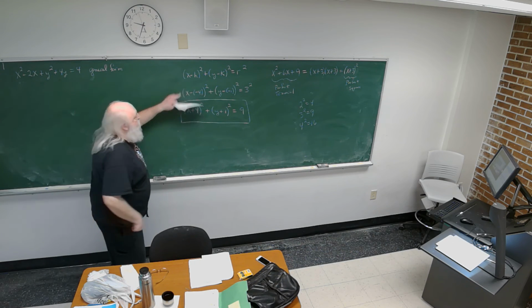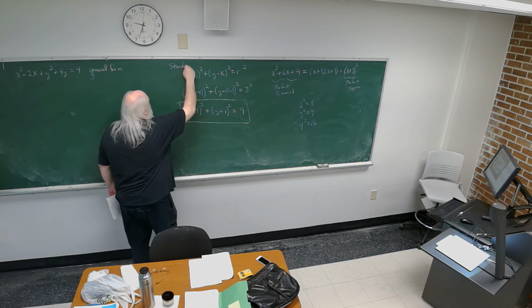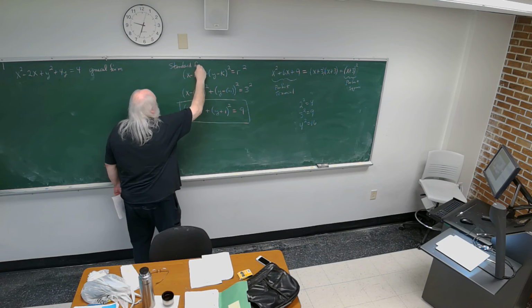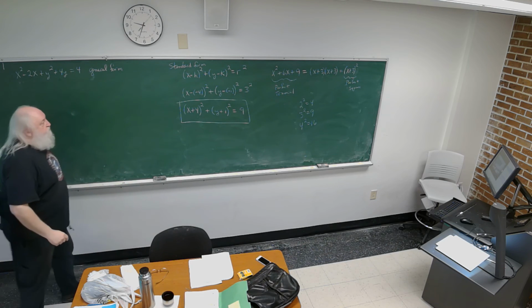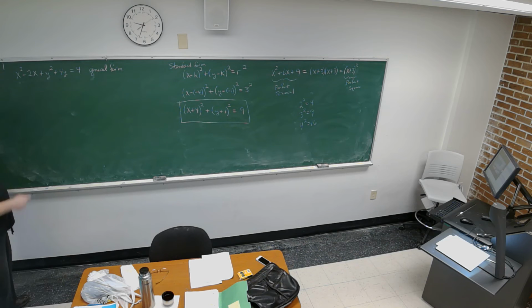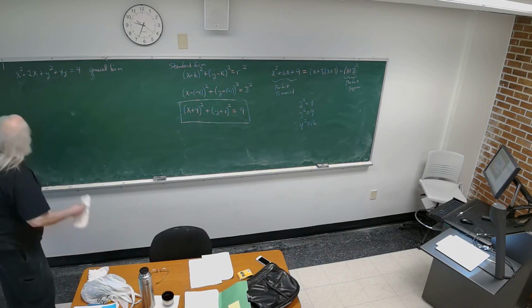This is standard form up here. It's algebra. And so how we're going to go from general form to standard form is we're going to create 2 perfect squares, or perfect trinomials, on the left-hand side. One in variable x, one in variable y.